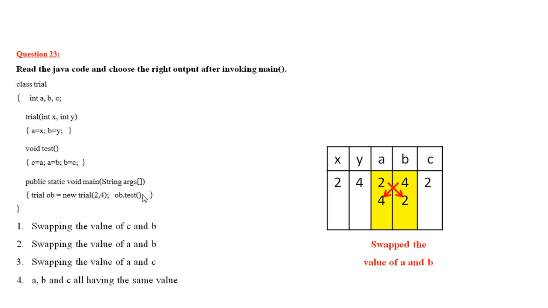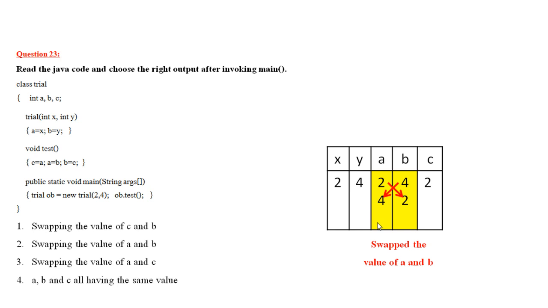So the test method is getting called. C is equal to A, so whatever you have in A is getting stored in C. Then whatever you have in B is getting stored in A. And then finally, whatever you have in C is getting stored in B. At the end, you will find what?